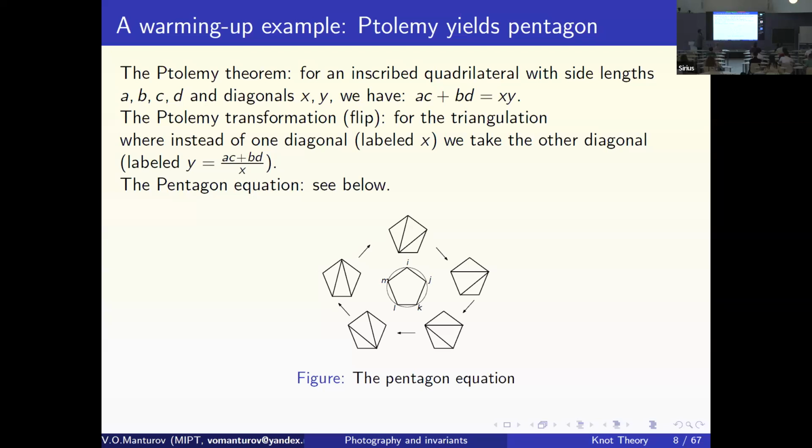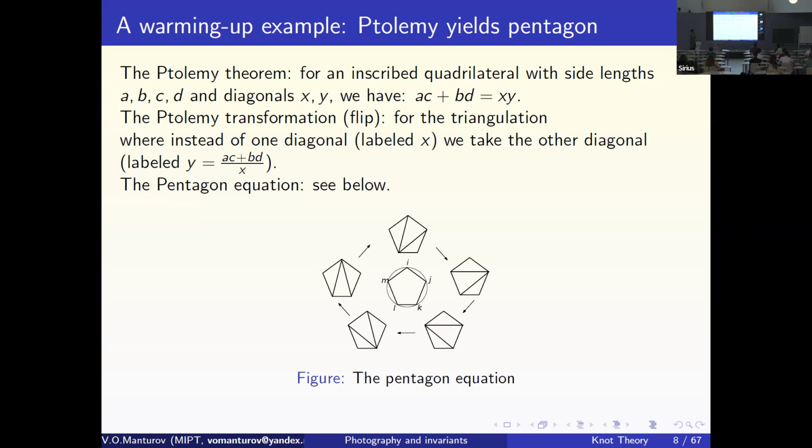And now there is a very well-known fact called "Ptolemy yields pentagon." This means the following. We can look at the Ptolemy transformation. We know that for an inscribed quadrilateral with side lengths A, B, C, D and diagonals X and Y, we have XY equals AC plus BD.